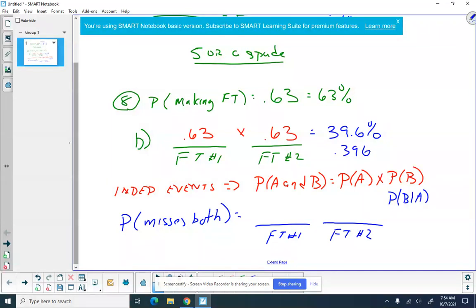So you have a 0.37 chance for both of these that we can multiply together. So the chance of him missing both would be 0.37 times 0.37, 0.137, which is a 13.7% chance.